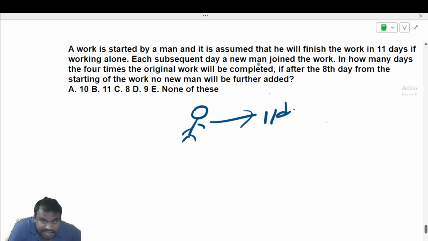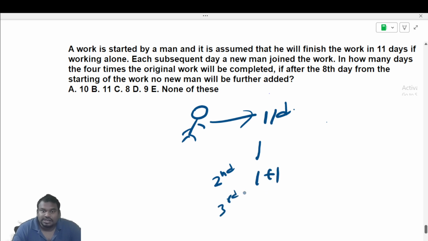Each subsequent day, a new man joins the work, so he is not alone now. The first day he worked alone. The second day, along with him, one more person is added. And the third day, one more person, like that.